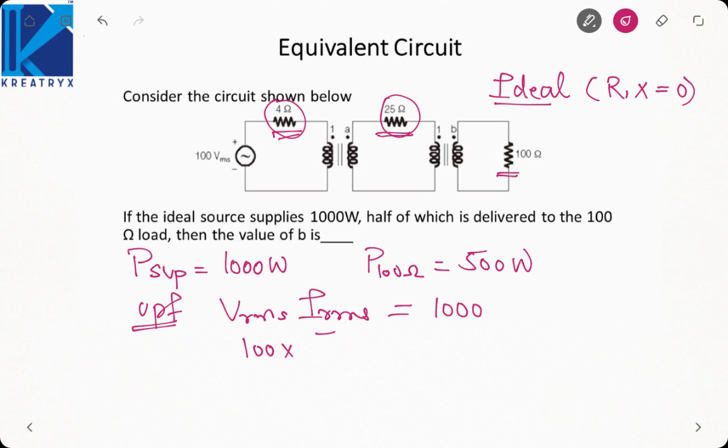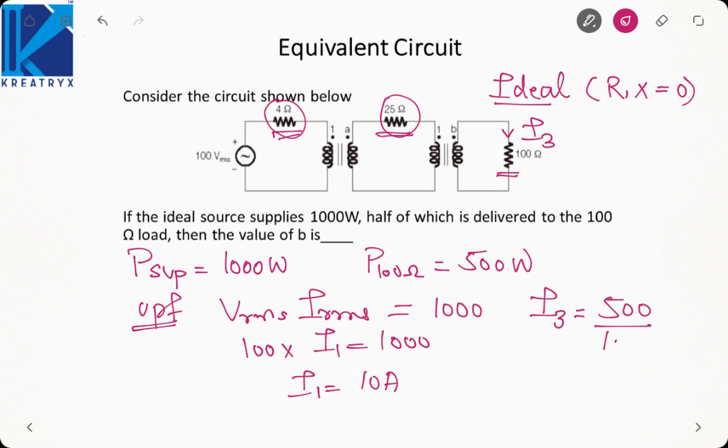So 100 into primary current is 1000, which means I1 is 10 ampere. Now in the 100 ohm resistance, power is 500 watt, so I can calculate I3. I3 will be root of 500 by 100, that is root 5 ampere.